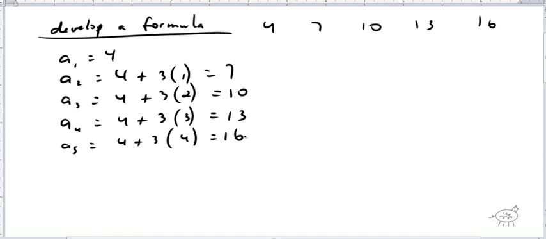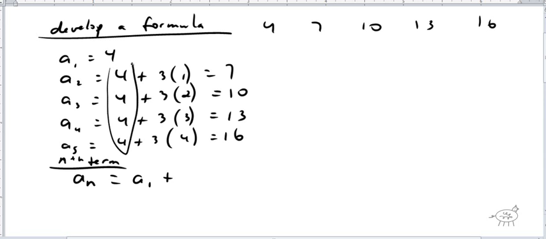Okay, so do you guys agree that if I come up with a formula, a sub n, this is called the nth term? A sub n is, you've got to get the first number here too, right? A sub 1. So a sub n equals a sub 1 plus d, the common difference, times what?